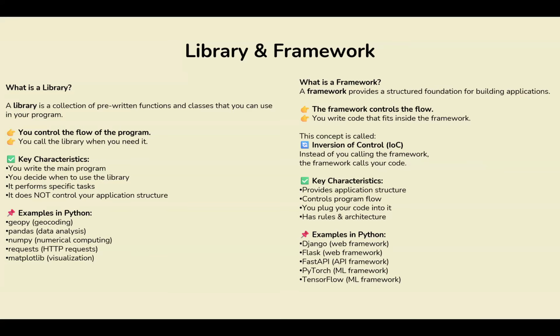Similarly, GeoPy, which we are going to explore, is a kind of library which will help us with geocoding and reverse geocoding. We have the math library, where you will get all the mathematics related features.